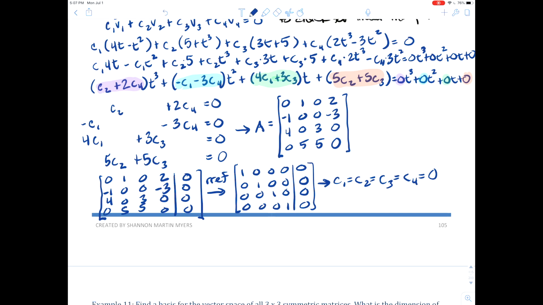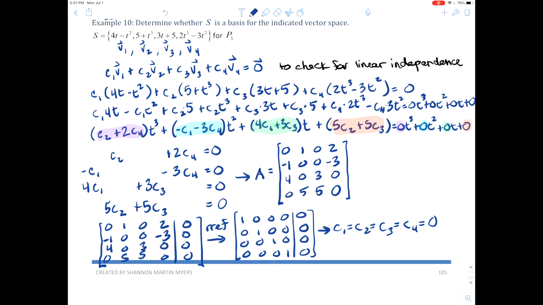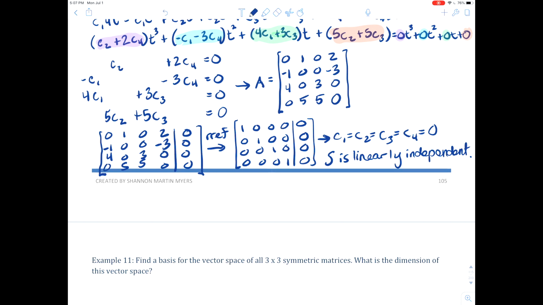So we found out that our set S is linearly independent. Now, the determinant of our coefficient matrix A, we got 30, which is not equal to 0. So there exists a unique solution to the system.